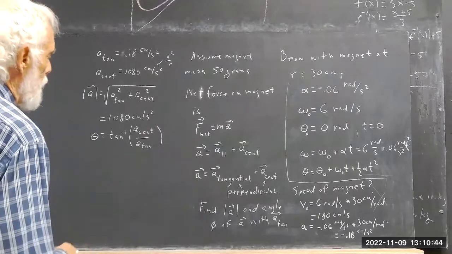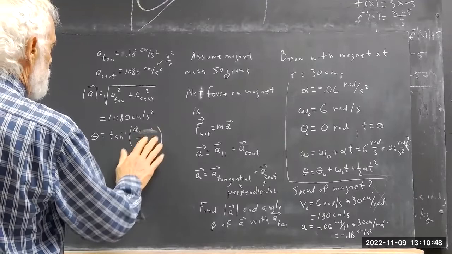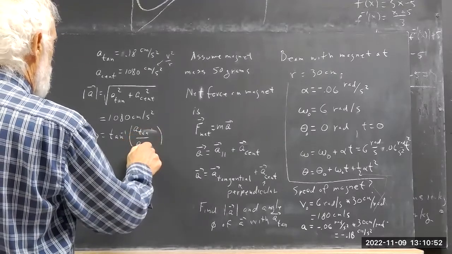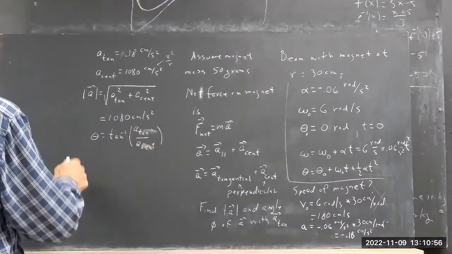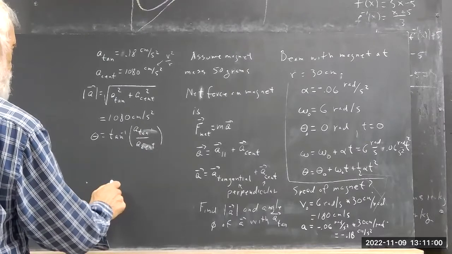I got that wrong. I should have had a picture so we can write that out. It's tangential over centripetal. Here's your picture. Here's your axis of rotation.